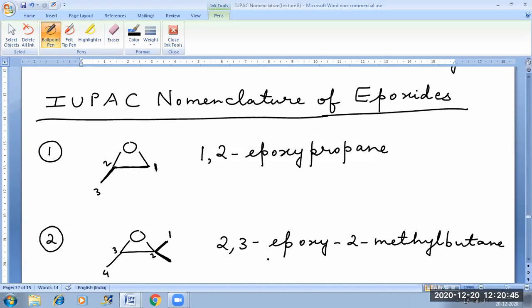So butane will be the suffix. At the second position, you see this group attached, which is methyl. So it is a substituent. So 2,3-epoxy-2-methyl butane.